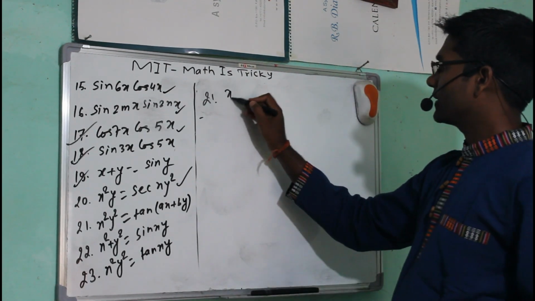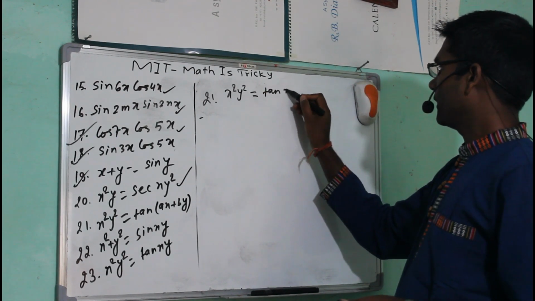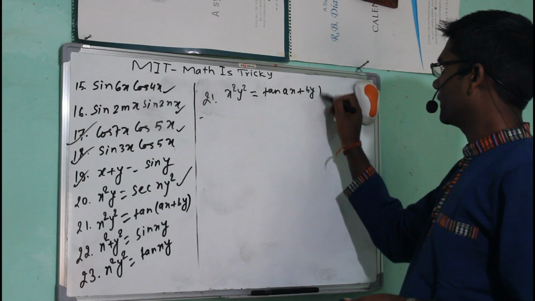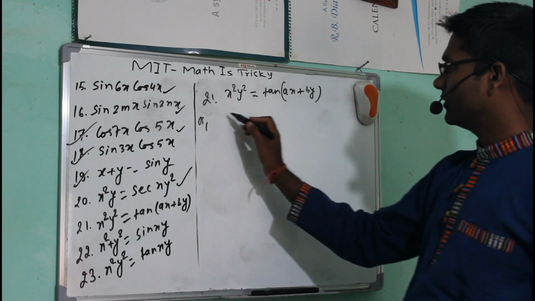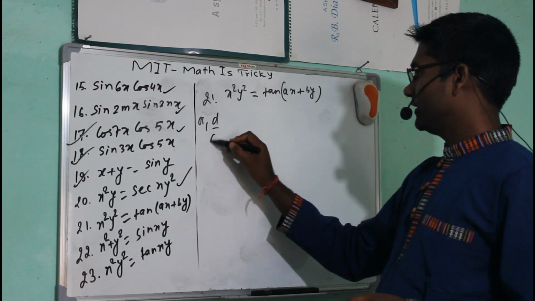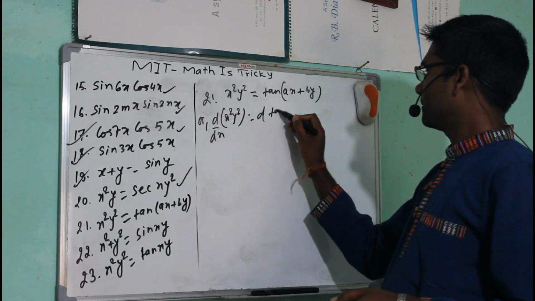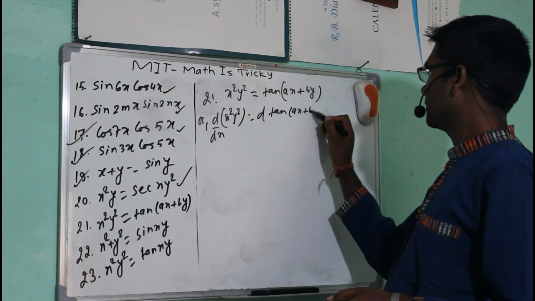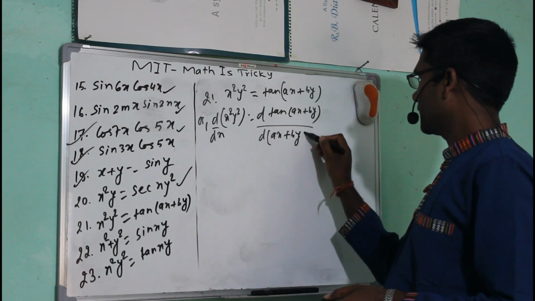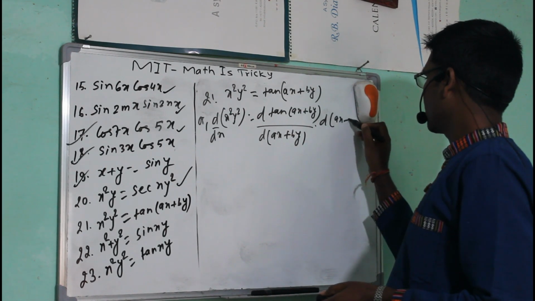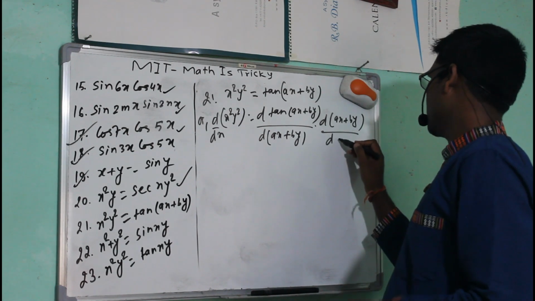Okay, so x square y square equals tan of ax plus by. As before, we'll differentiate both sides with respect to x, so d by dx of x square y square equals d tan of ax plus by by d of ax plus by, into d of ax plus by by dx.